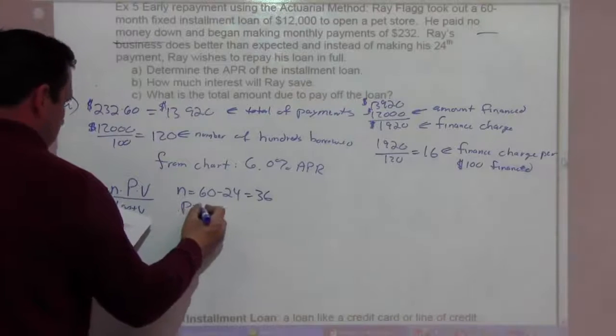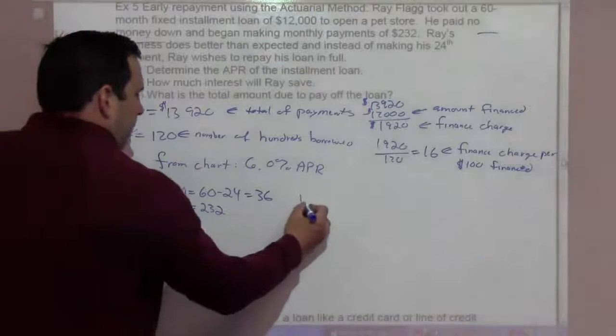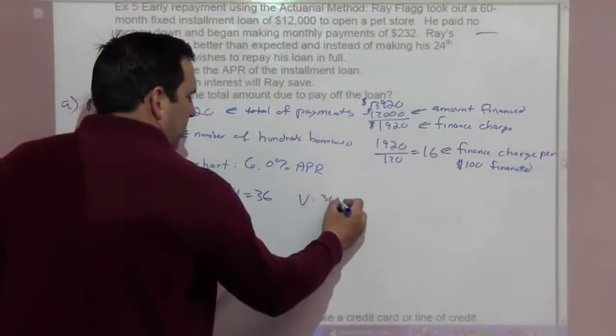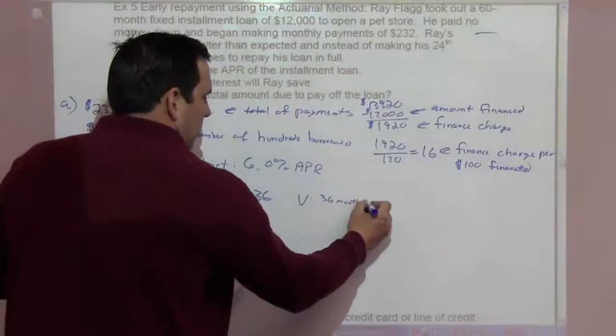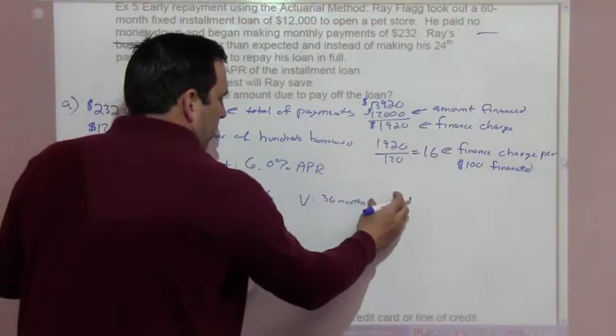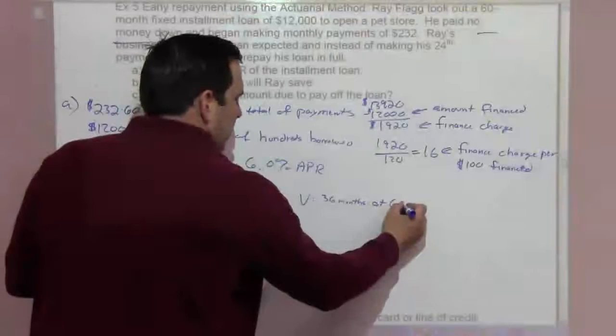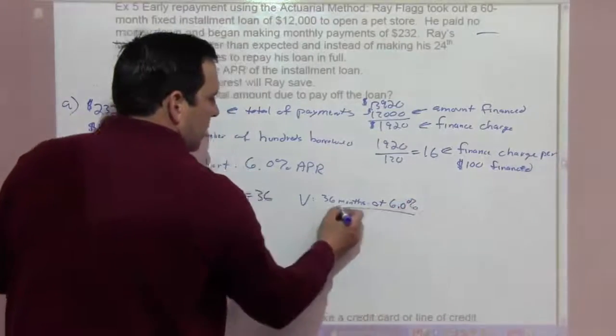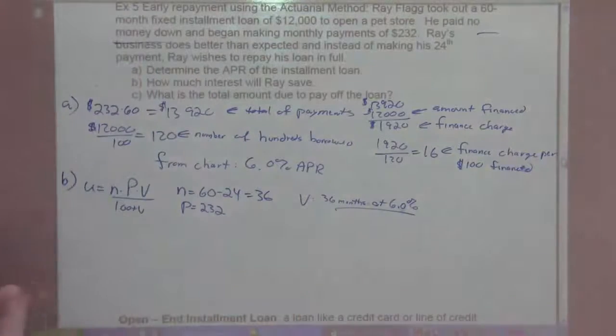Our payment is $232. Now our V is going to be based on 36 months at the 6% that we just found. It was originally 6%, so it's still 6%. We get this from that chart.